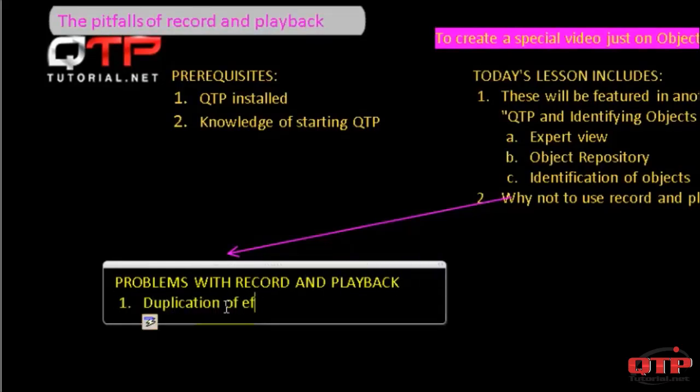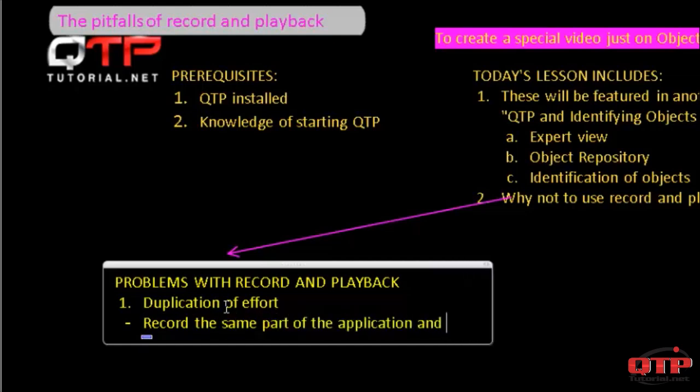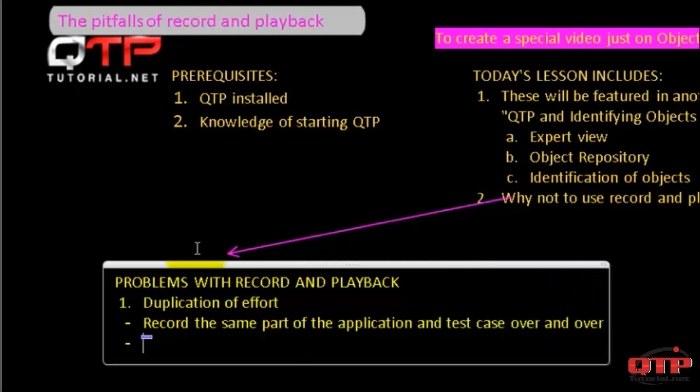Duplication of effort. This means you will record the same part of the application and test case over and over. What's the consequence of this? Is that you waste a lot of time.